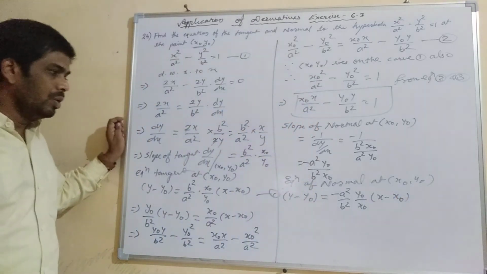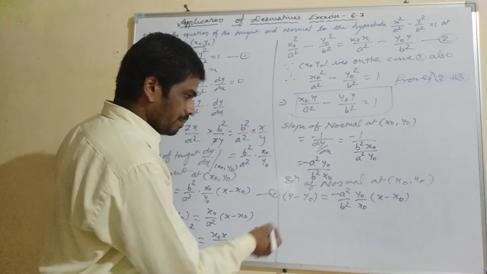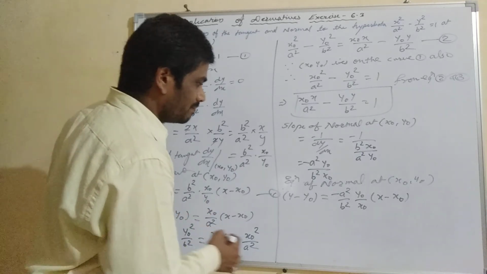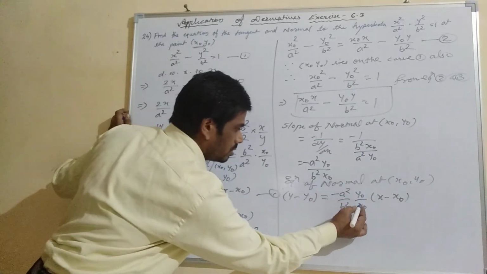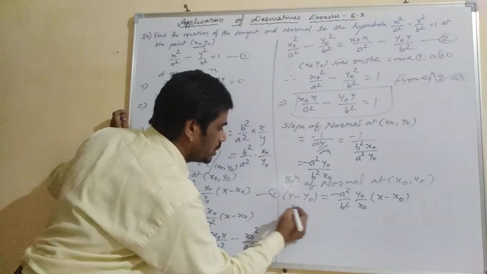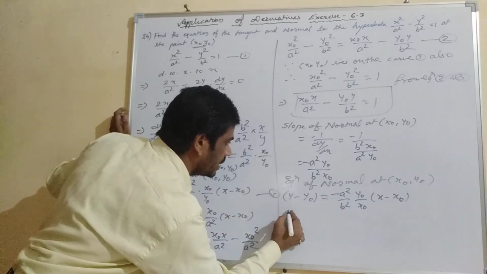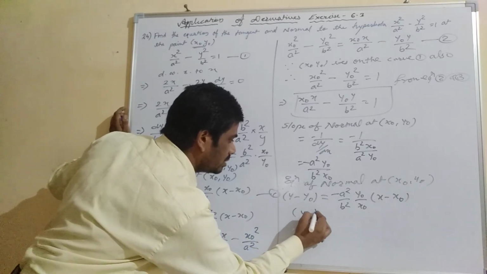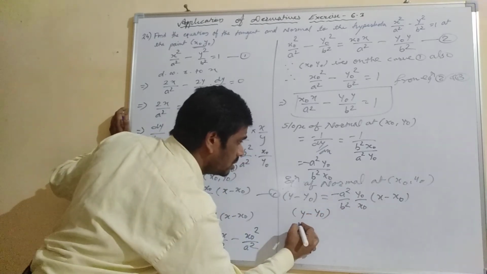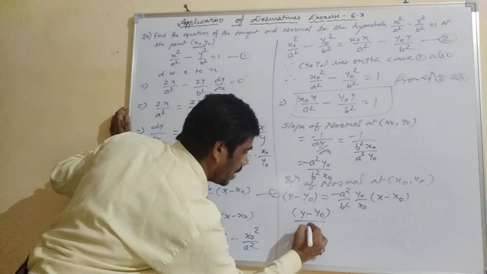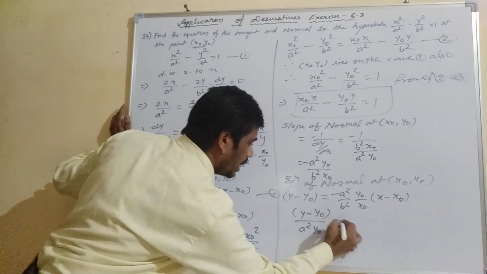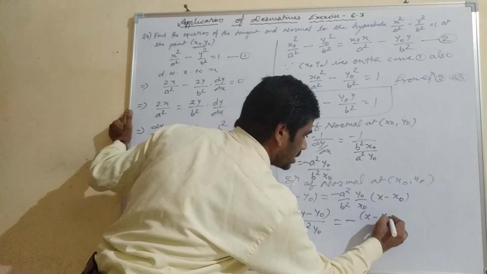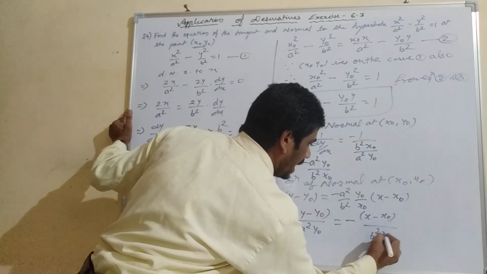Okay, now we will multiply here, so y minus y naught upon a squared y naught, equal to, this will be minus x minus x naught upon b squared x naught.